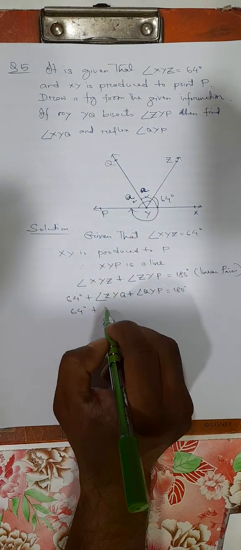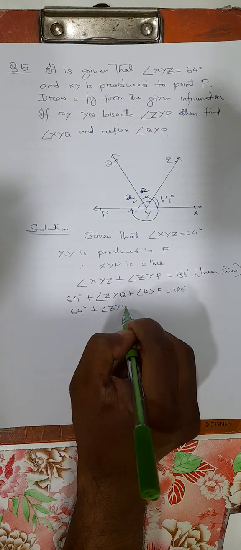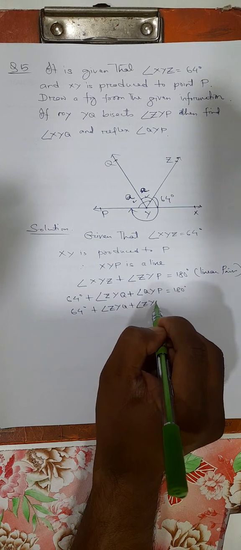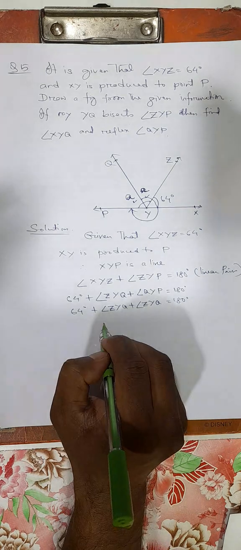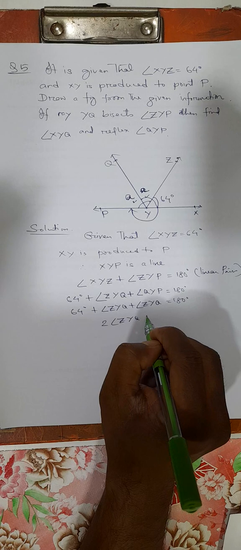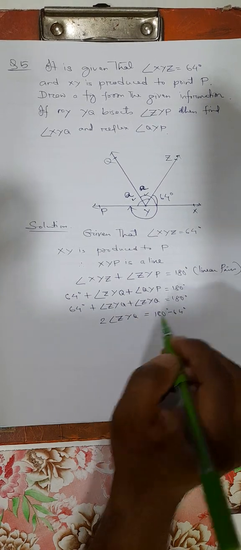So you can write angle ZYQ plus angle ZYQ equal to 180 degrees. So twice of angle ZYQ equal to 180 minus 64 degrees.